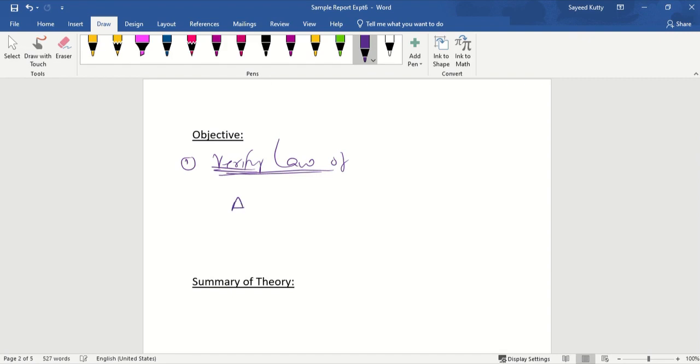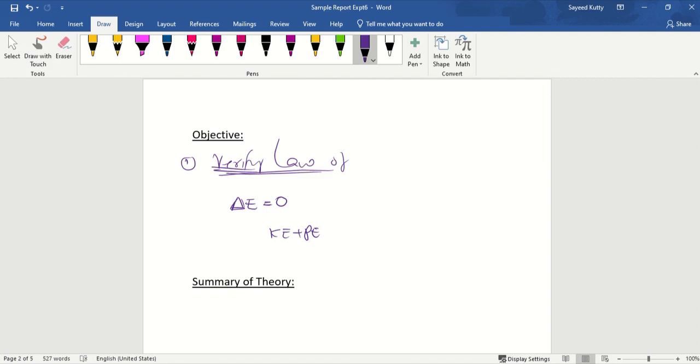That means delta E is going to be 0, or the change in the total energy is going to be 0. That means the total energy becomes constant. That means kinetic energy plus potential energy is a constant, right? So that is what we are going to do in this experiment.